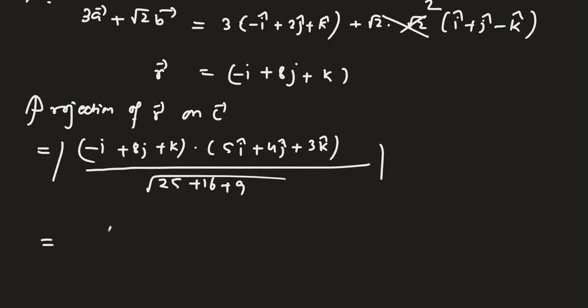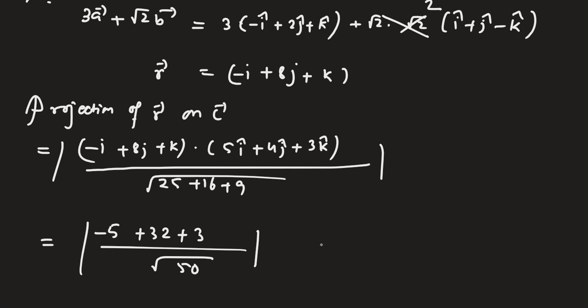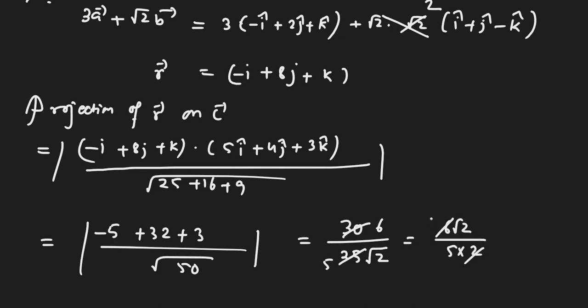Here the multiplication gives minus 5, 32, and then 3. Here we have 50. So 30 we have in the upper part, here 25 root 2, 6 by 5, then 6 root 2 by 5 into 2. So what we have, 3 root 2 by 5.